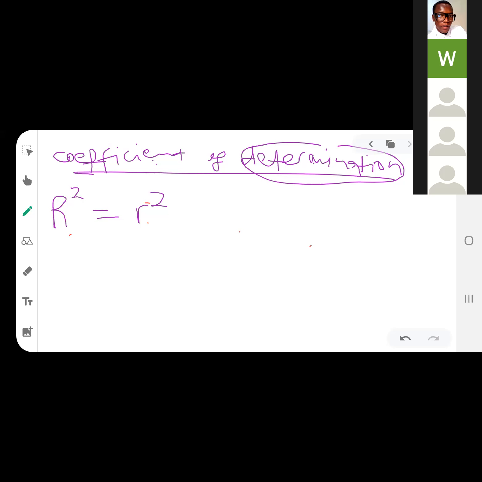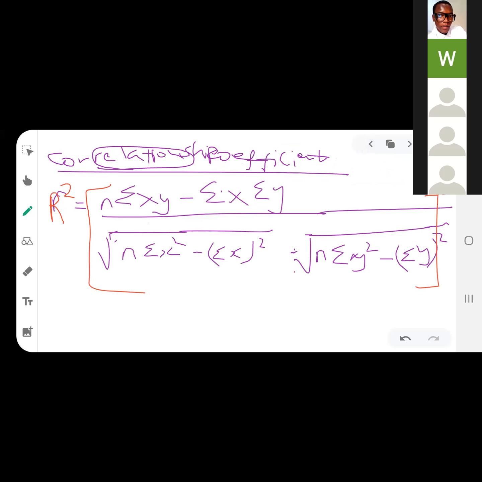And then one might ask, now that we know that the coefficient of correlation measures the strength of the relationship between the x values and the y values, what about the coefficient of determination?